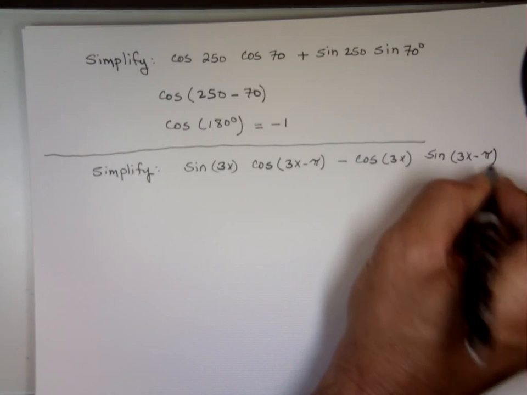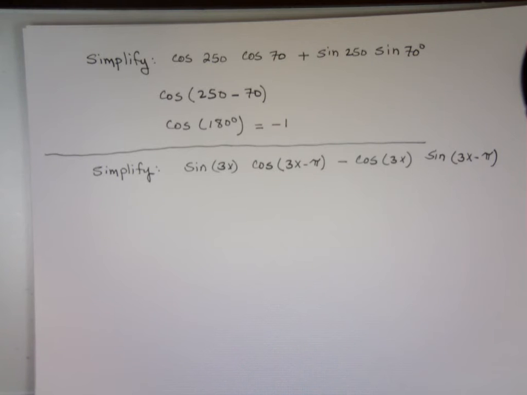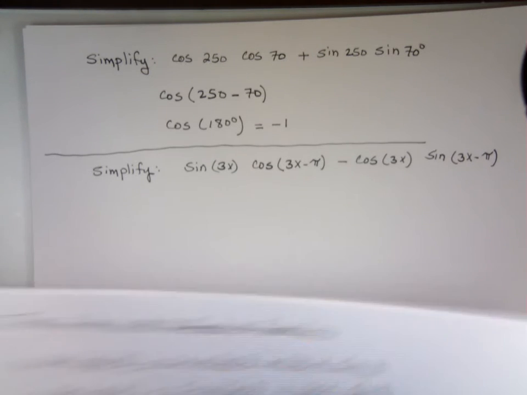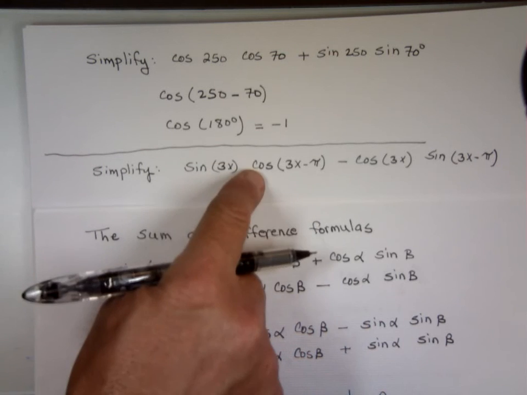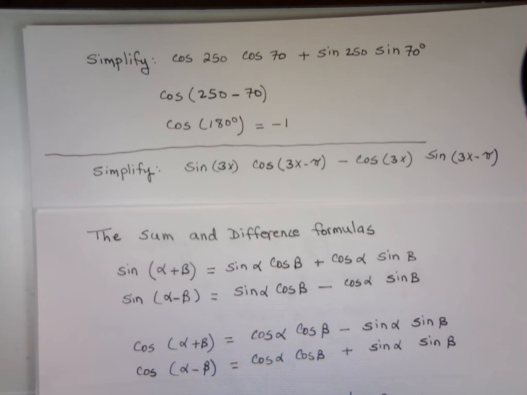They want us to simplify that. Let me put my rules back here. Which one of these has sine, cosine, minus cosine, sine? That's the first step. Sine, cosine, minus cosine, sine.